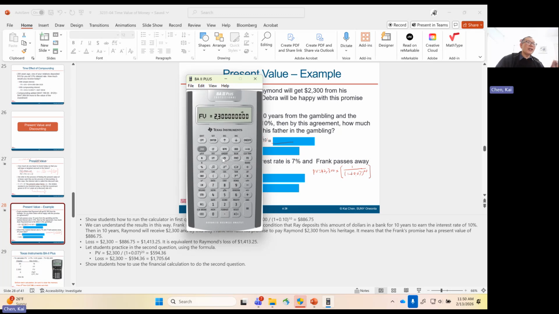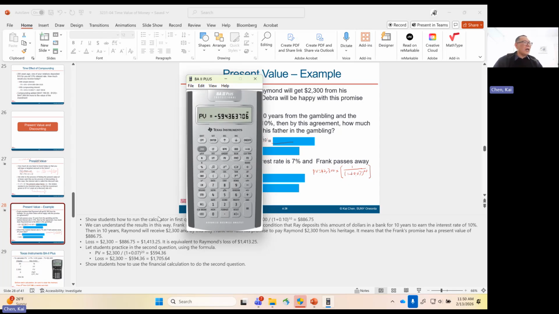However, it has a sign. It has a negative sign on the screen. So that is how we can use a financial calculator to calculate the present value.